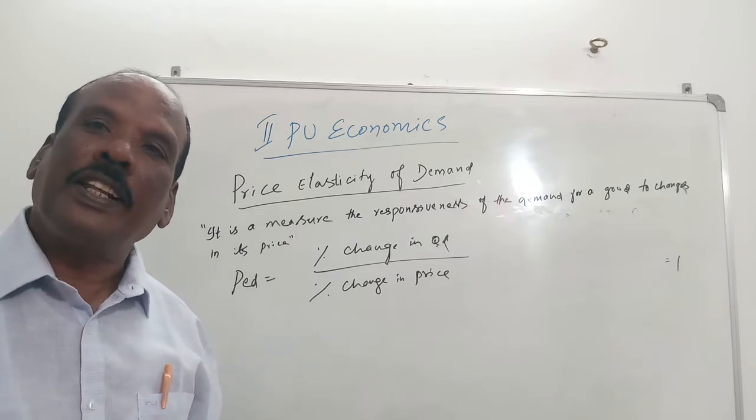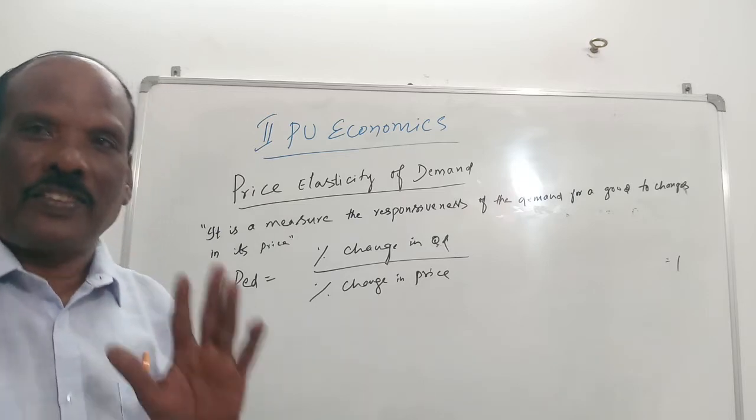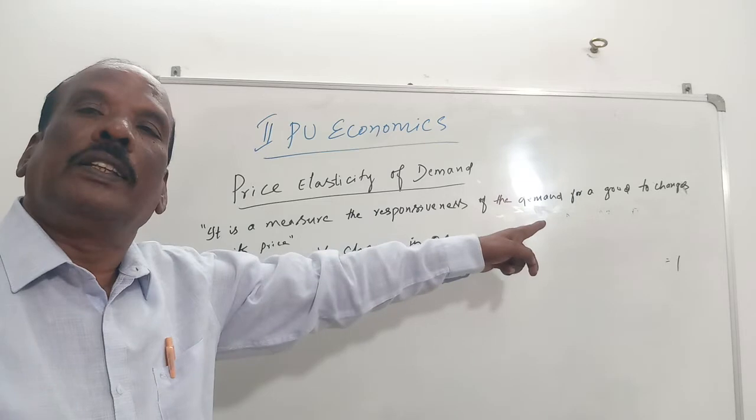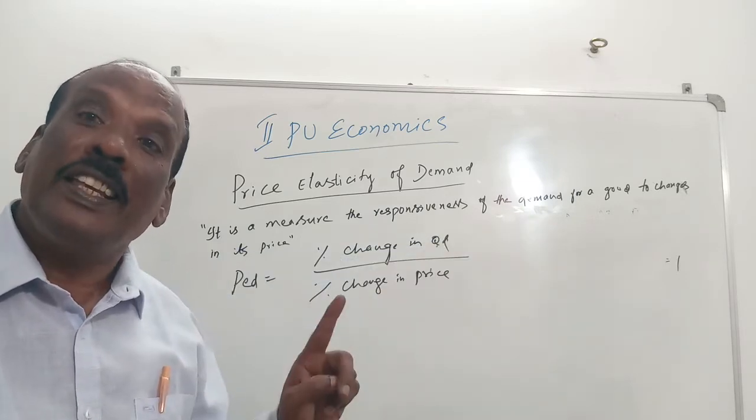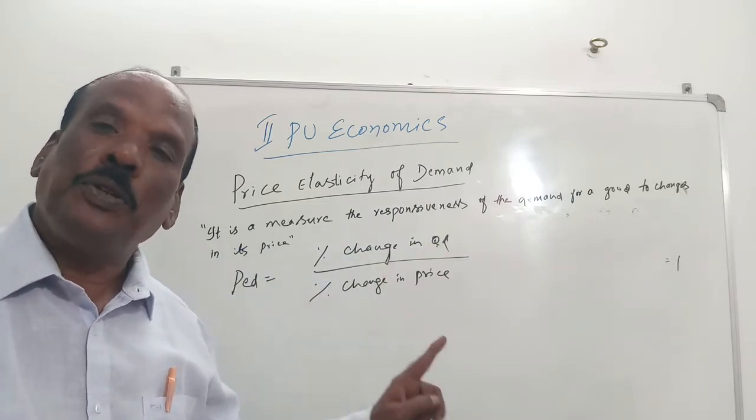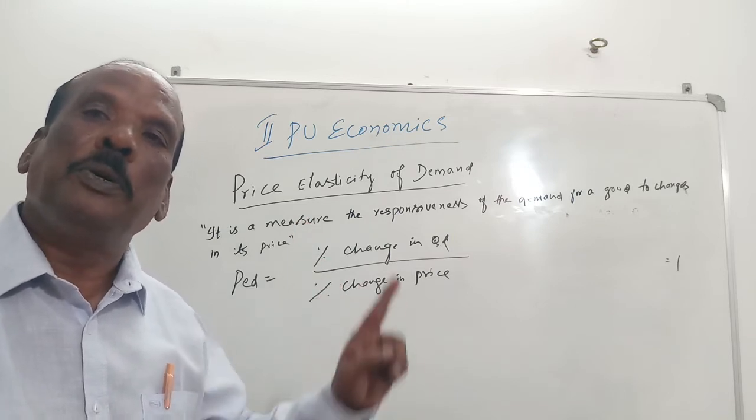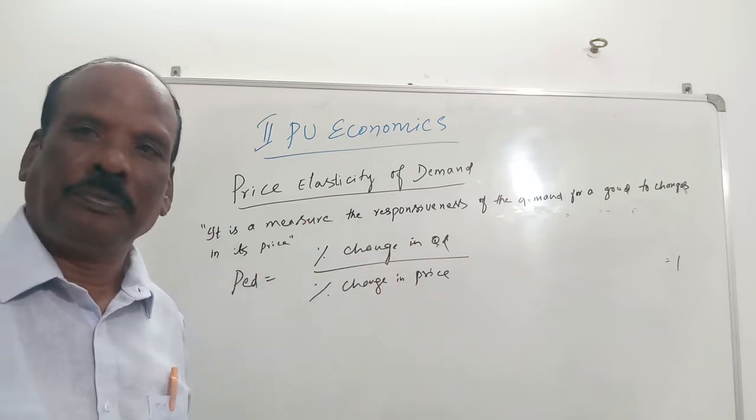Always price elasticity is measured in terms of percentage. I have given you the formula: PED is equal to delta Q divided by delta P into P divided by Q.